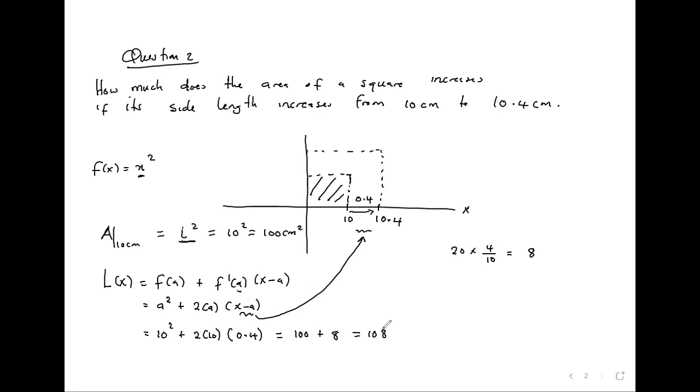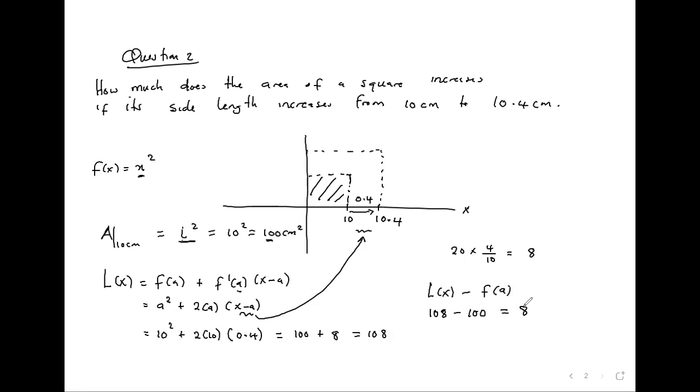Now, how much does the area of the square increase? What we have found here is the approximated area when you increase the length from 10 to 10.4. To get the how much, you say it has to be L(x) minus the initial f(a). So L(x) is 108 minus the initial, which is 100.